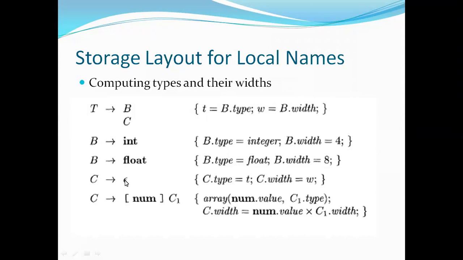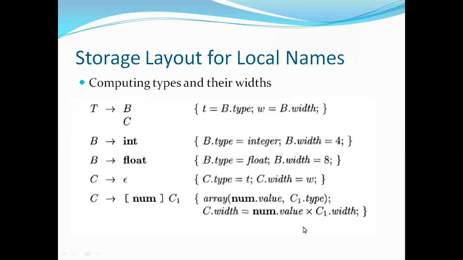If it is C tends to T, for the C, which is a non-terminal, I am using two attributes, a type attribute and a width attribute. So I am assigning T and W to C.type and C.width.